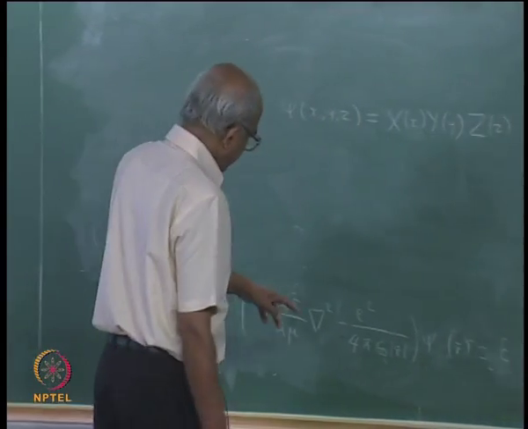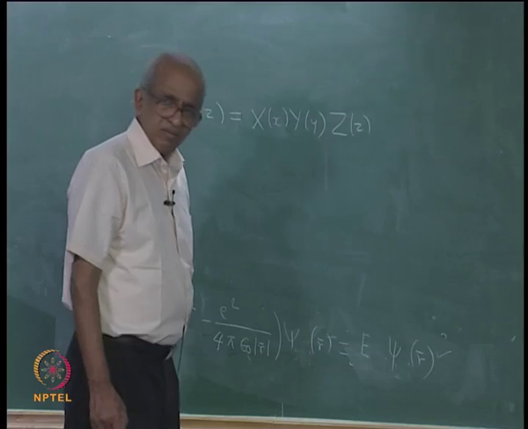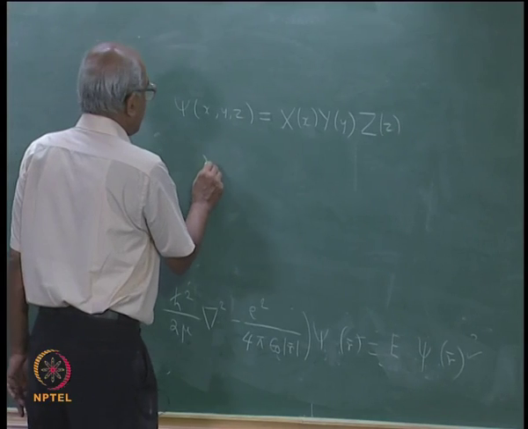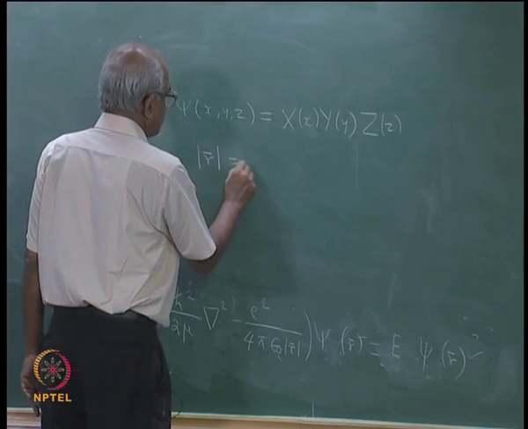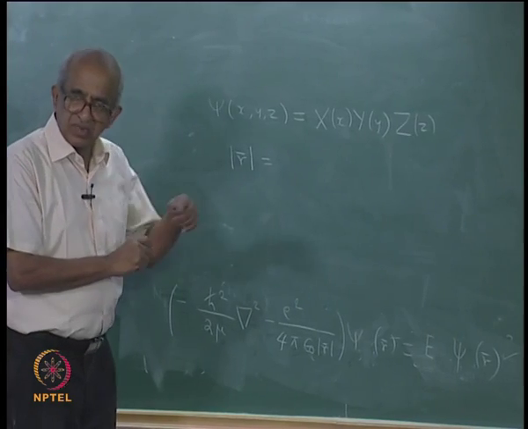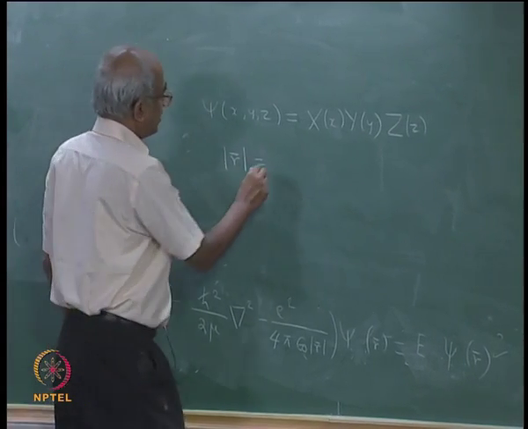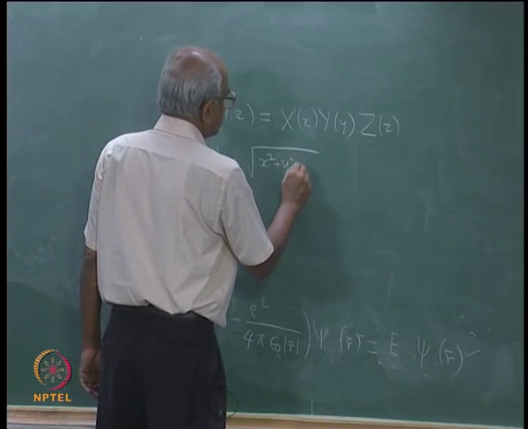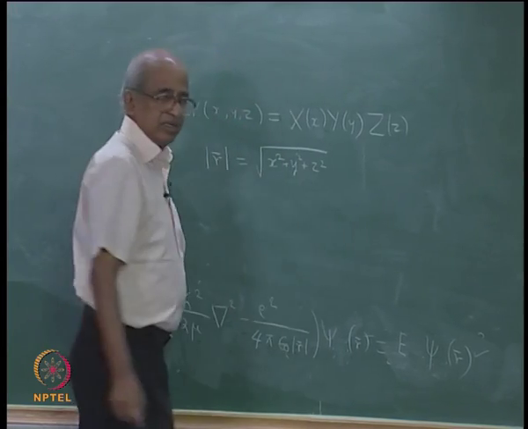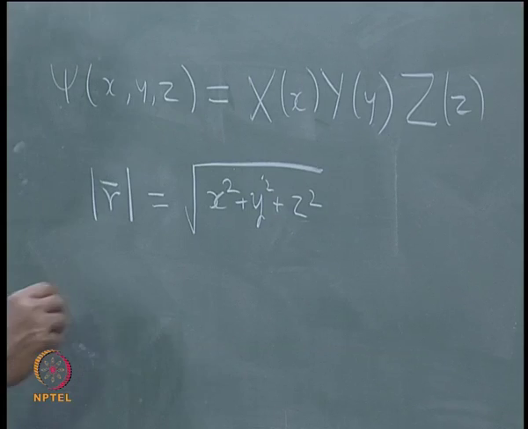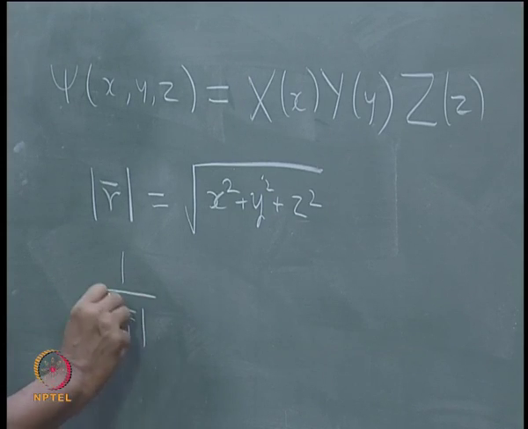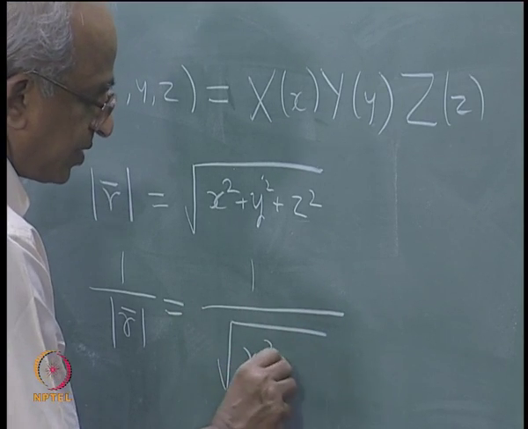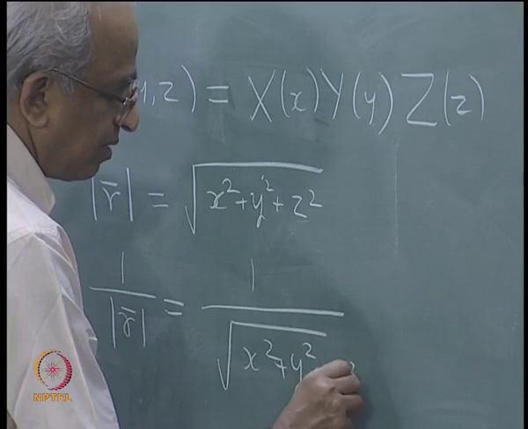The answer is that if you look at this r, what is the distance of the particle from the origin? R is actually the distance of the particle from the origin, and it will depend upon where the particle is, and the relationship is that it is equal to square root of x square plus y square plus z square, and the potential energy actually depends upon 1 by r. So, it is dependent upon 1 by square root of x square plus y square plus z square.